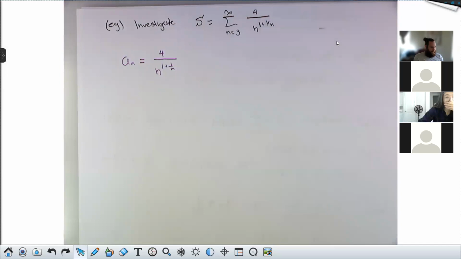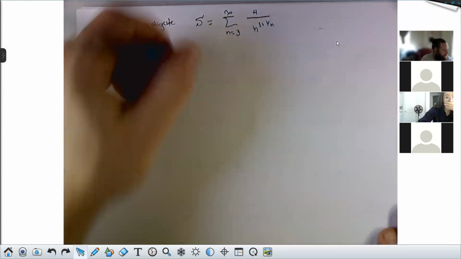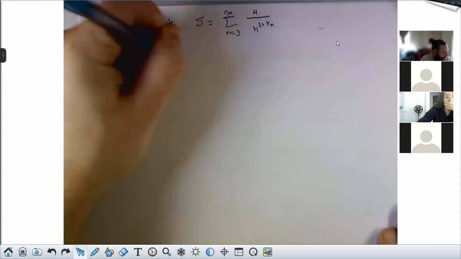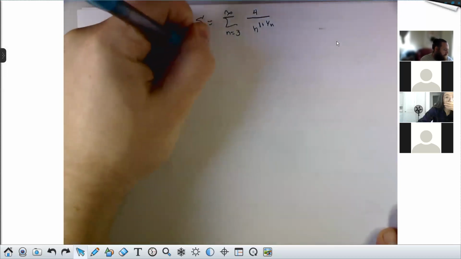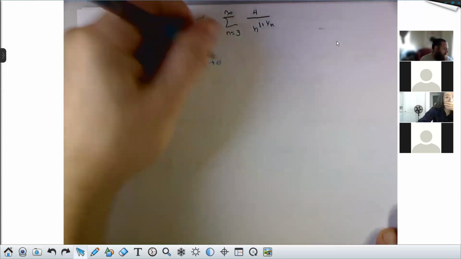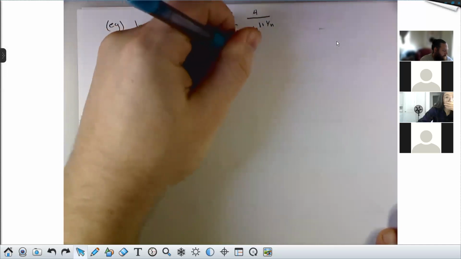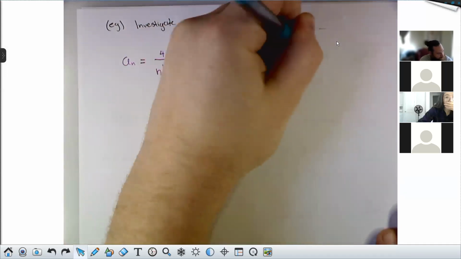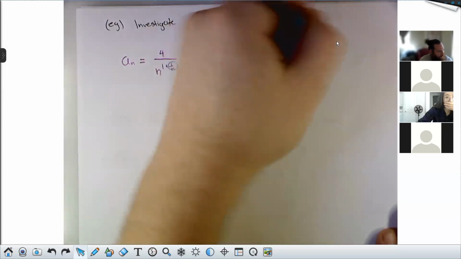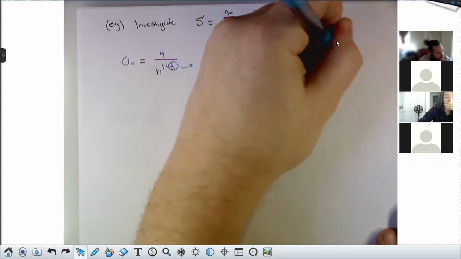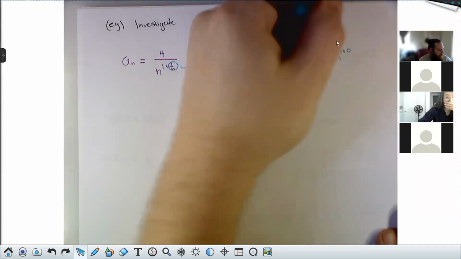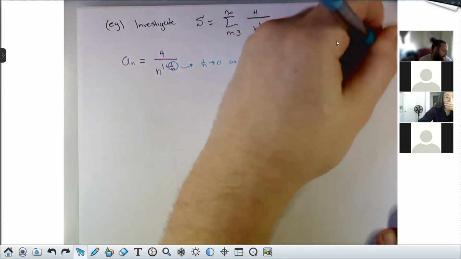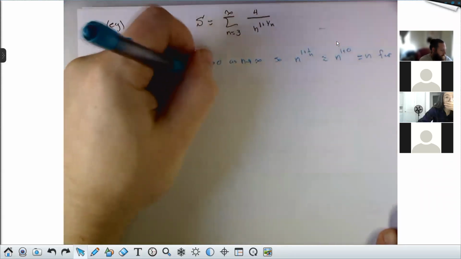What I would say is that this piece, this 1 over n here, goes to 0 as n goes to infinity. So n to the 1 plus 1 over n is basically n to the 1 plus 0, or n, for large values of n.